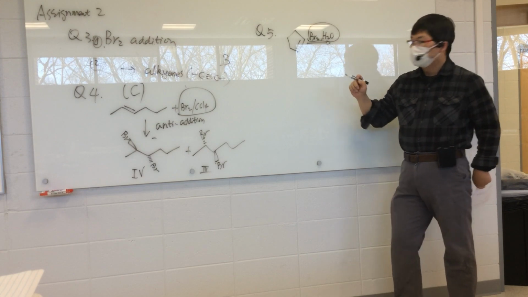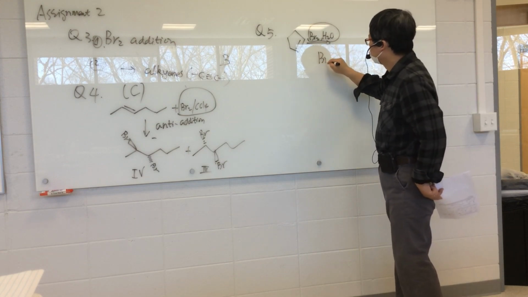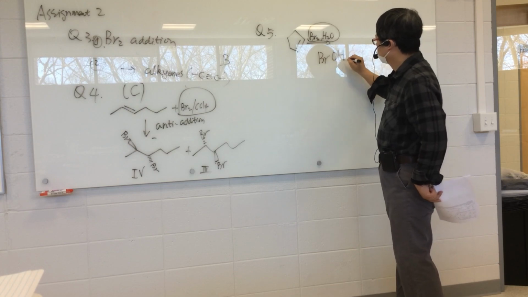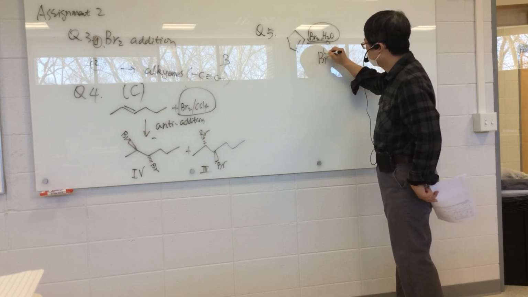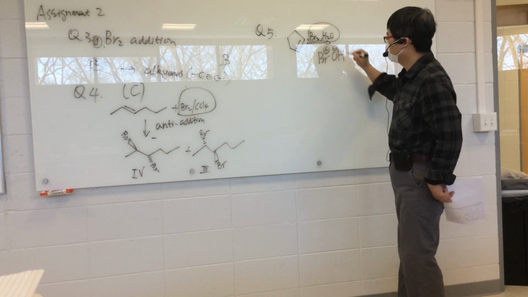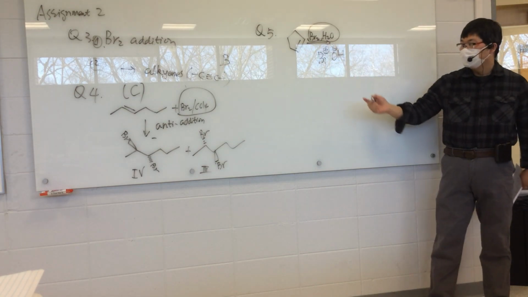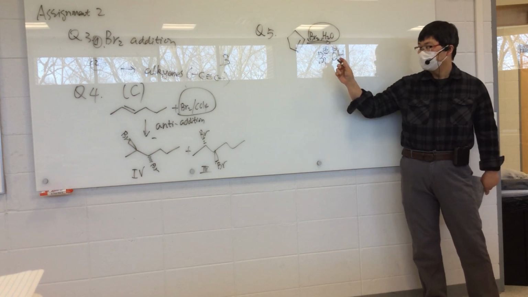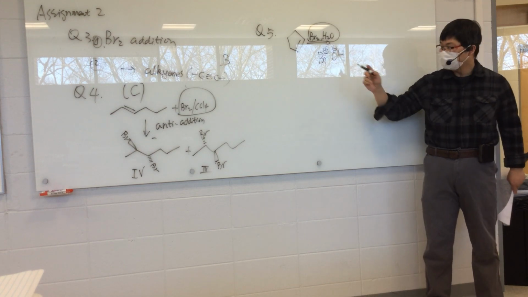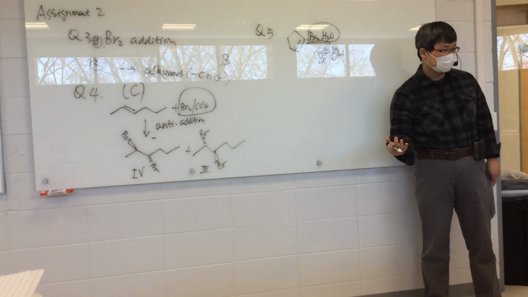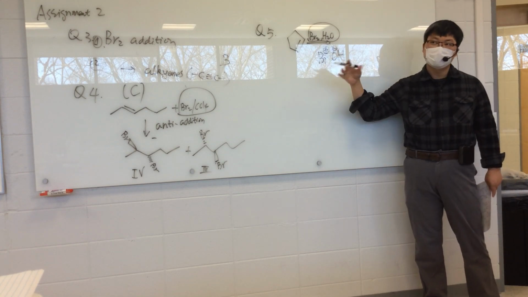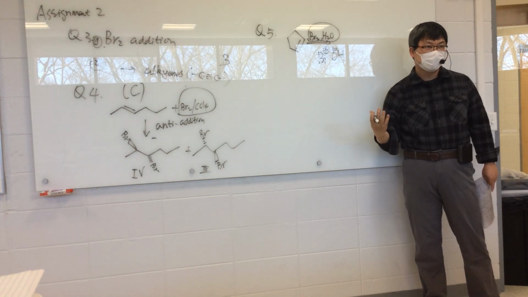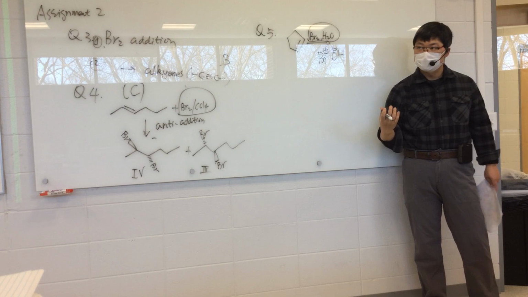And then we will form this, where the bromine is partially positive and this is negative. Why is that? Because if you check the electronegativity table, the electronegativity number for oxygen is larger than bromine. Therefore, oxygen will take more electron share from bromine, therefore bromine is positive.